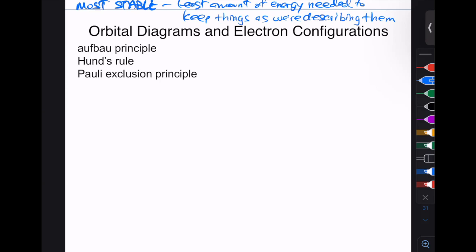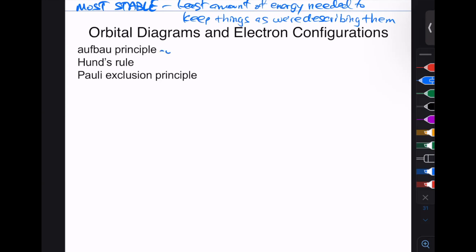The Aufbau principle, this is just the order of filling. Aufbau is German for building up. So really, it's not somebody's name, it's just a German word.